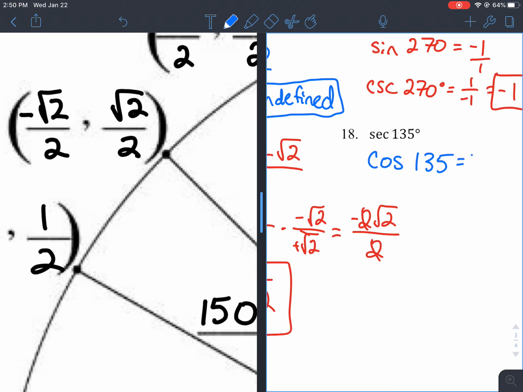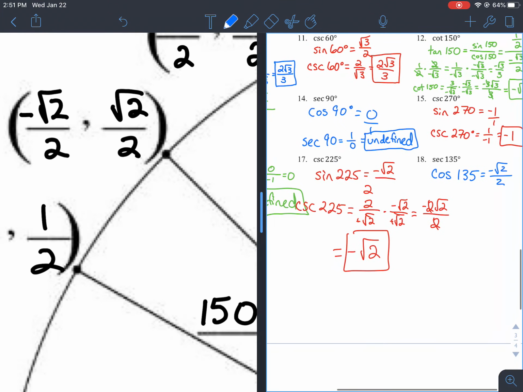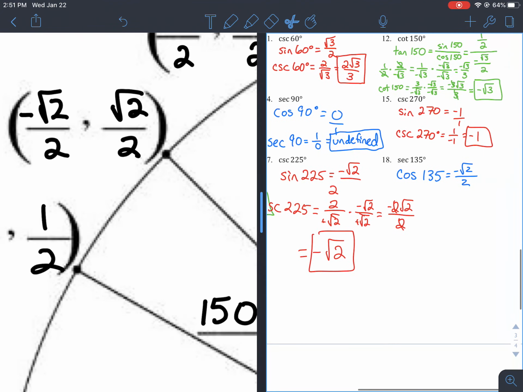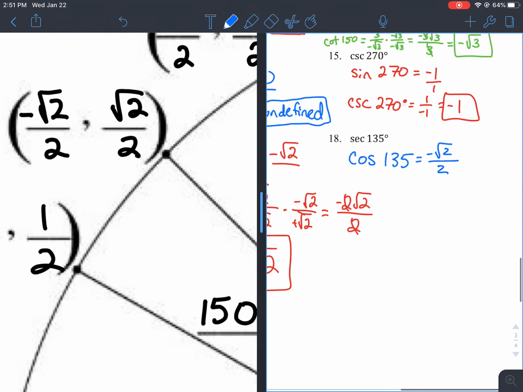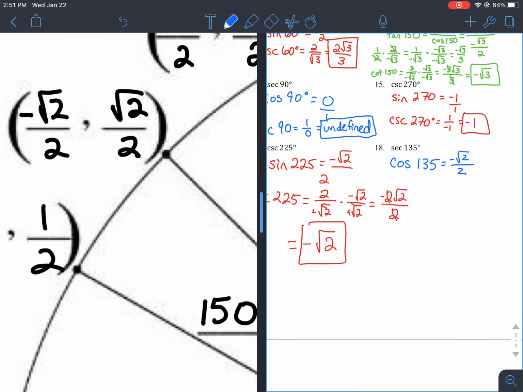Cosine of 135 is negative root 2 over 2. And as we can see, that whole process will be the same as before. We had negative root 2 over 2 there, so it'll be the same thing. Therefore, in the end, we have the exact same answer.